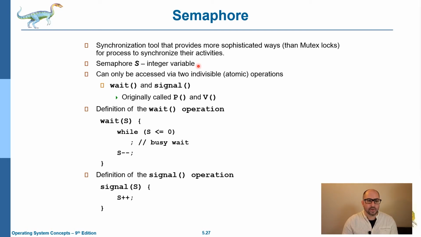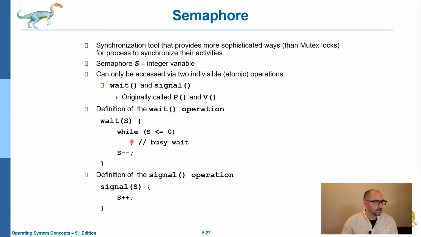So a semaphore will be represented by an integer variable, and there are two operations on that semaphore, either to wait or to signal. Wait will decrement S, the semaphore, if it is above 0. Otherwise, it has to wait, as we showed for our mutex that we might spin lock to do it.